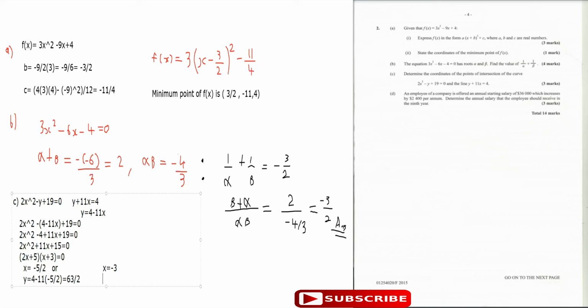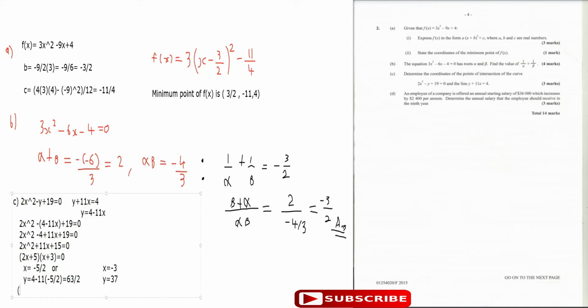And when x is negative 3, we plug in negative 3 for x, and so we get y equal to 4 minus 11 times negative 3. So I'm getting 37. All right, and so those are the two solutions.